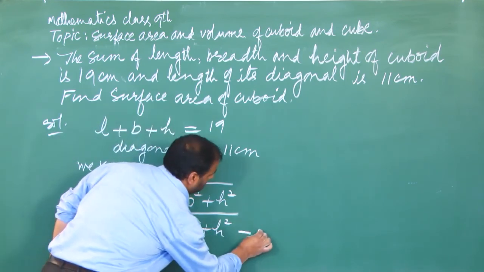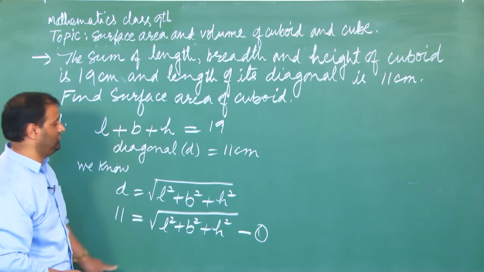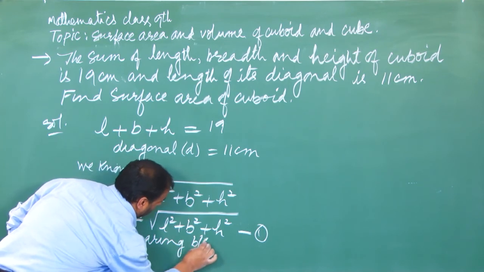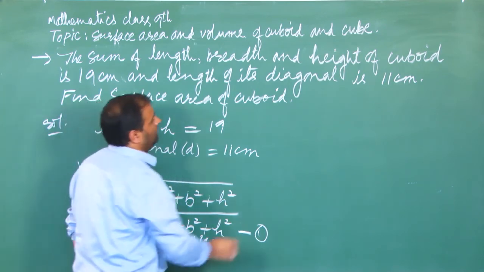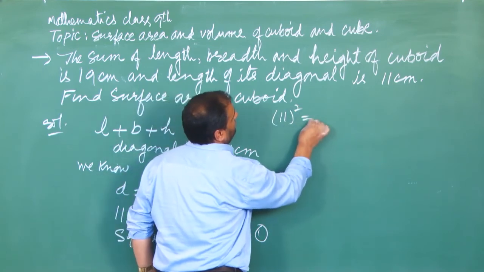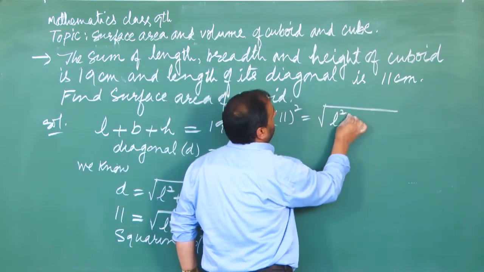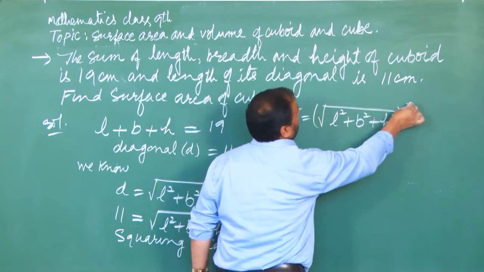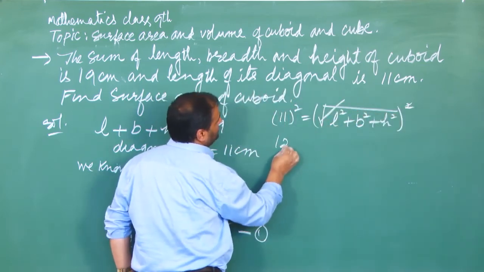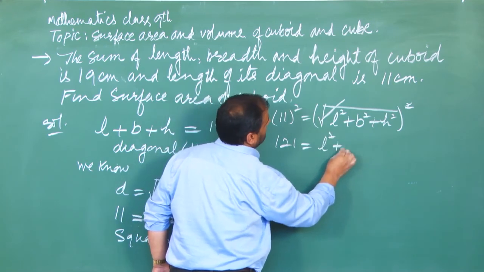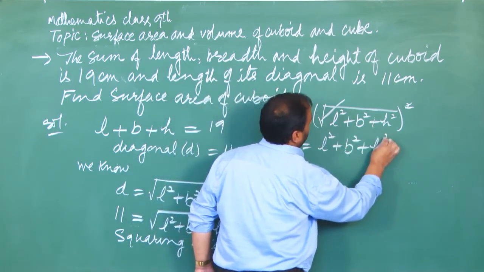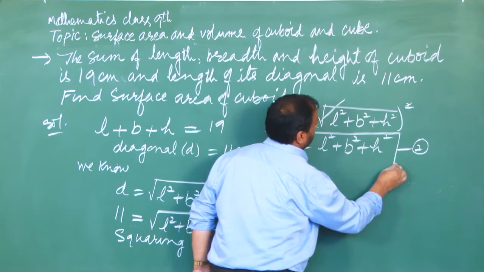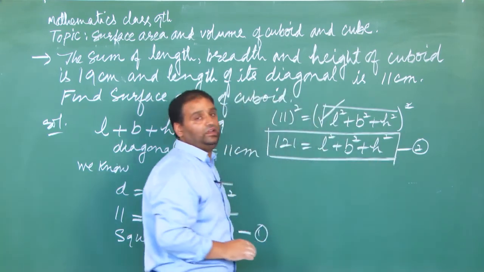Take it as equation 1 and square both sides. We get 11 square is equal to root of L square plus B square plus H square whole square. Cancel square and the root, you get 11 square is 121. L square plus B square plus H square is equal to 121. Keep it as equation 2 and put this in a box so that it is highlighted.